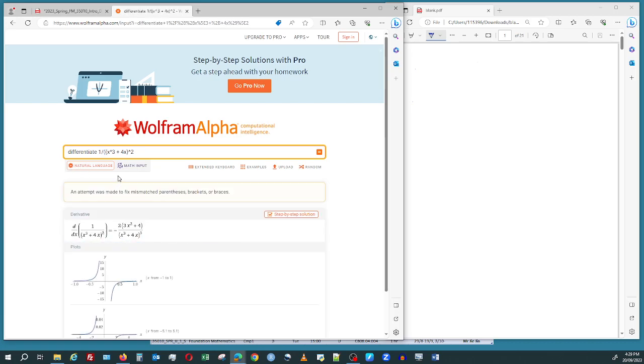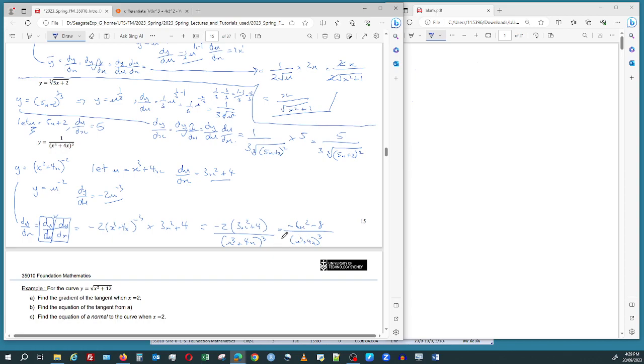I think I might have left a bracket off there. x cubed plus 4x, squared. I think that's the correct question. That's what we got, but I did the expansion. So at least as good as Mathematica. So that's important for you to recognise.